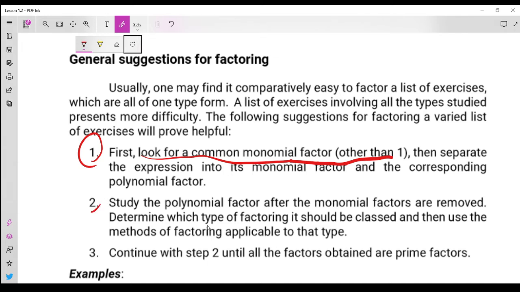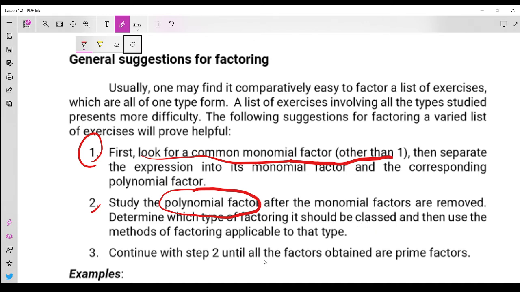Next, the second suggestion is to study the polynomial factor after the monomial factors are removed. So after extracting out the monomial factor, what's left is a polynomial factor. We will study that polynomial factor to decide which technique we're going to apply. Determine which type of factoring it should be categorized under, and then use the methods of factoring applicable to that type.